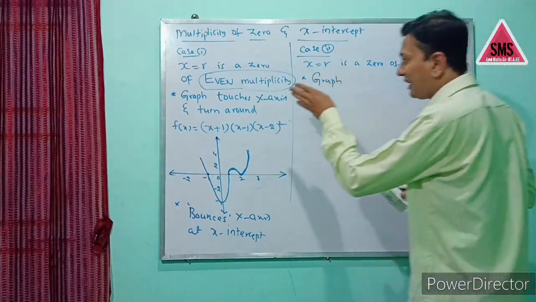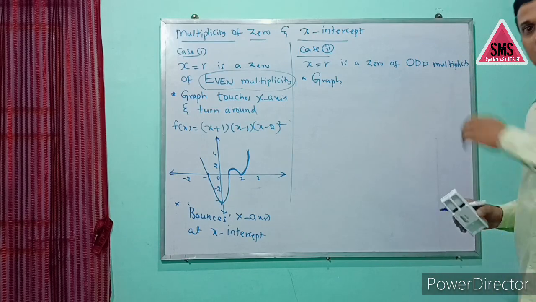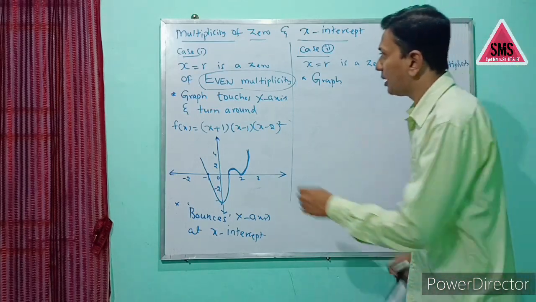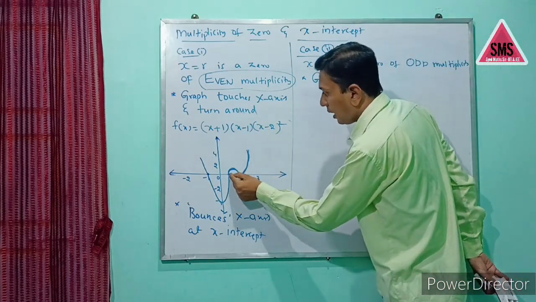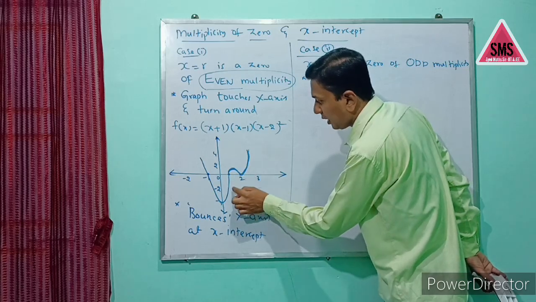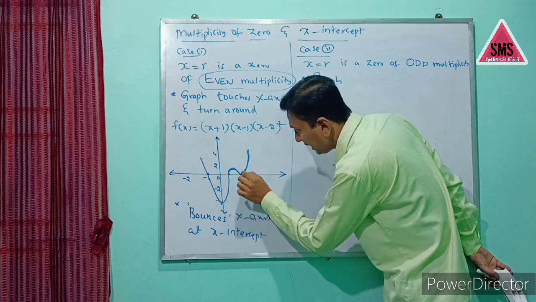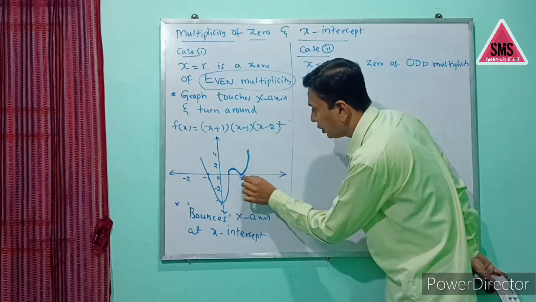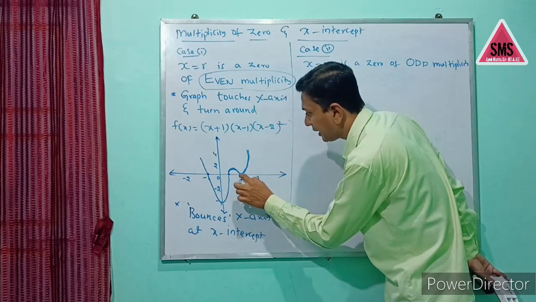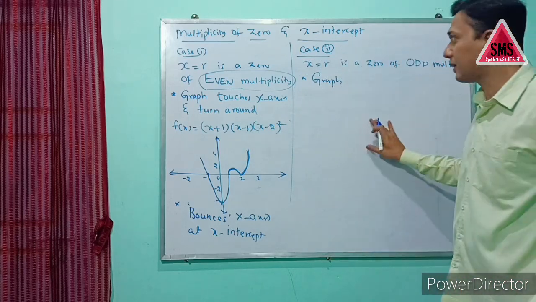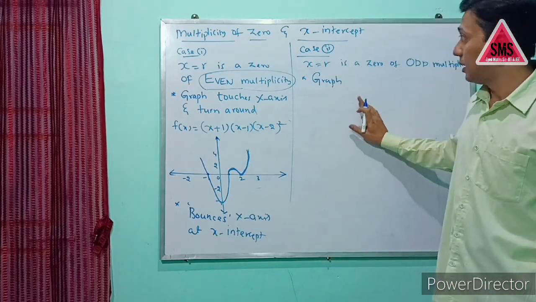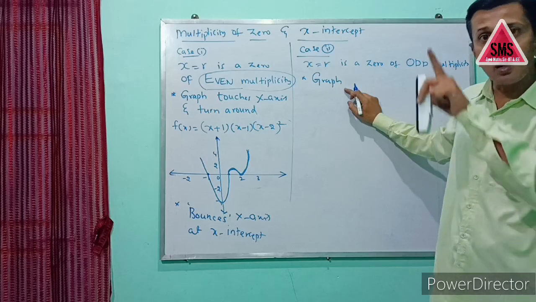What is the difference between touching the x-axis and crossing the x-axis? Touching is nothing but, here, after crossing, this is called crossing. But here, with multiplicity 2, that means at the zero, the x-intercept, it is bouncing. Whereas in the case of odd multiplicity, it will cross.